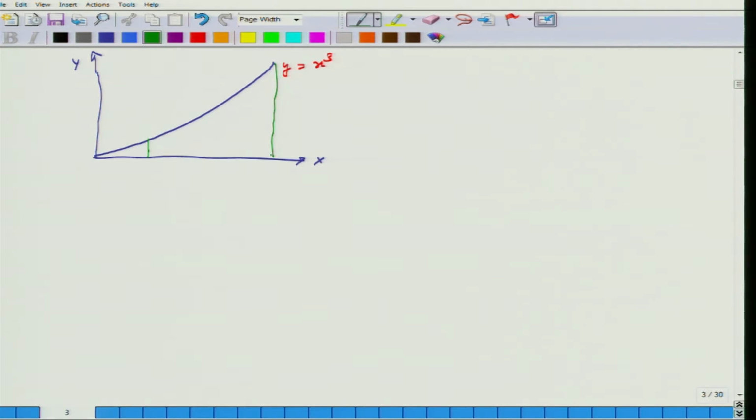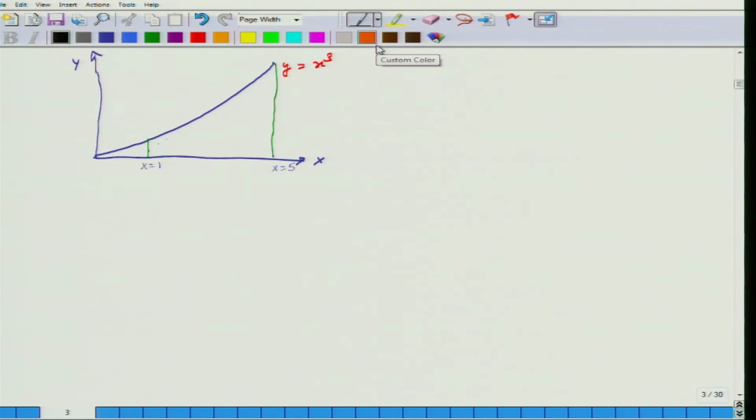Let us say I am interested in finding this area under the curve for the region x equal to 1 to x equal to 5. So, this is the area which I am interested in finding out.